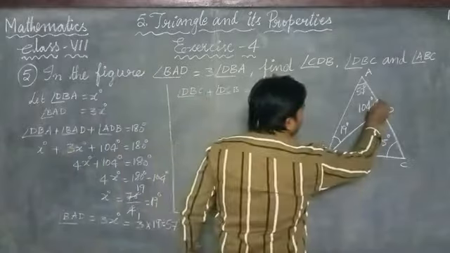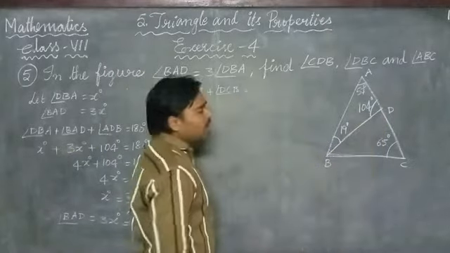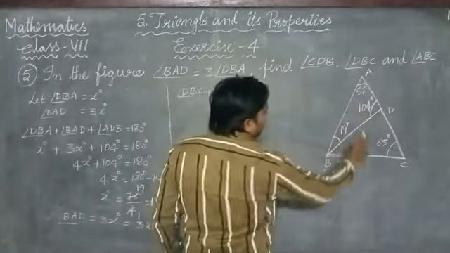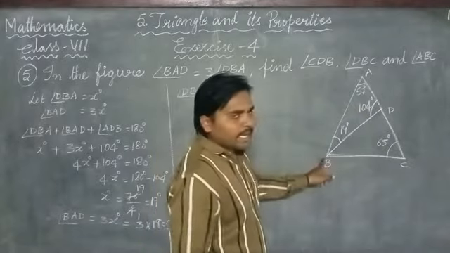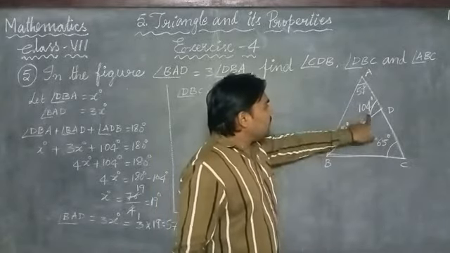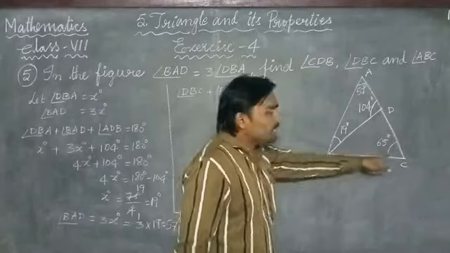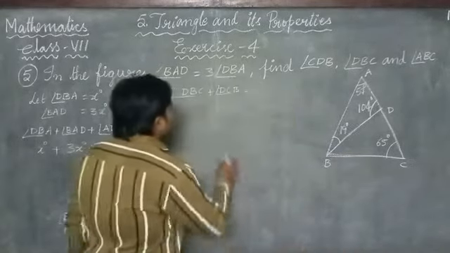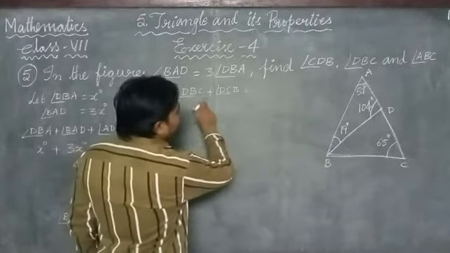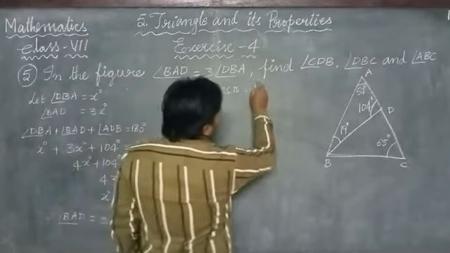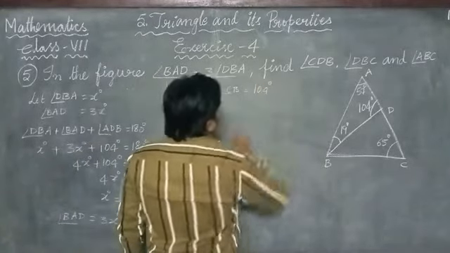From the property of the exterior angle of a triangle, the exterior angle of triangle BDC, 104 degrees, equals angle B plus angle C. That is why angle DBC plus angle DCB equals 104 degrees.